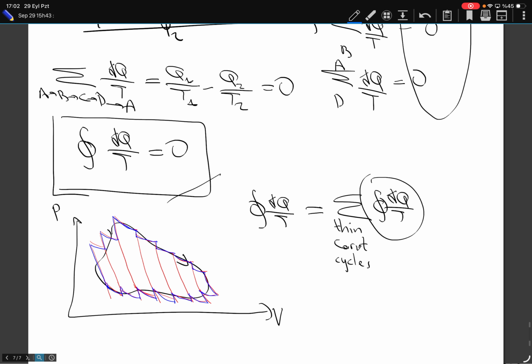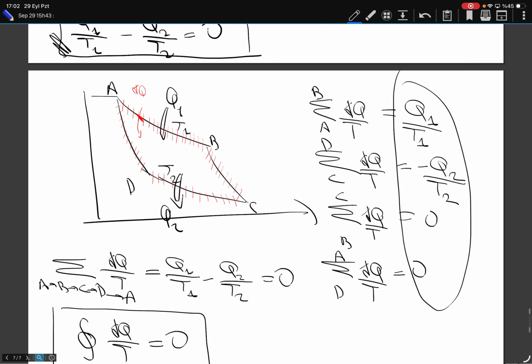let's say, if you look at this Carnot cycle, there's a contribution from this segment. There's an adjacent Carnot cycle, there's a contribution from this segment. Both of those contribute to this dq over T. But if you are absorbing heat during this process, you are emitting the same amount of heat if you go the other way around.